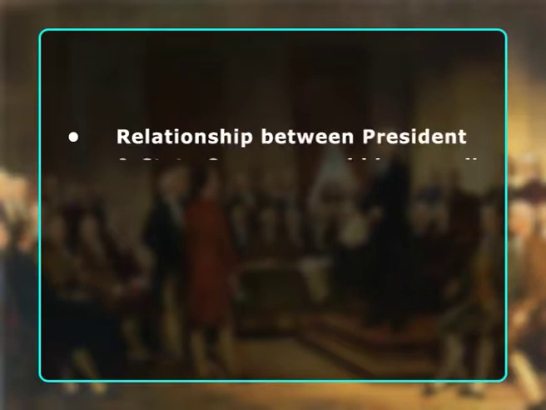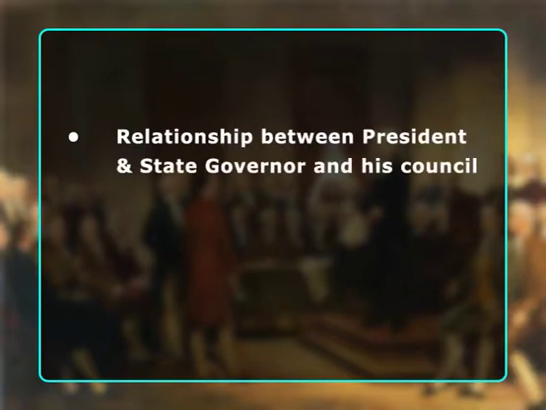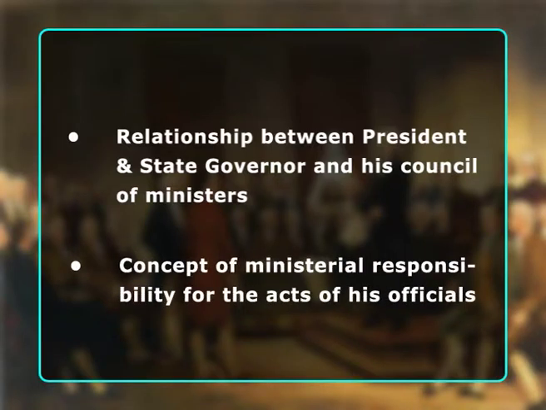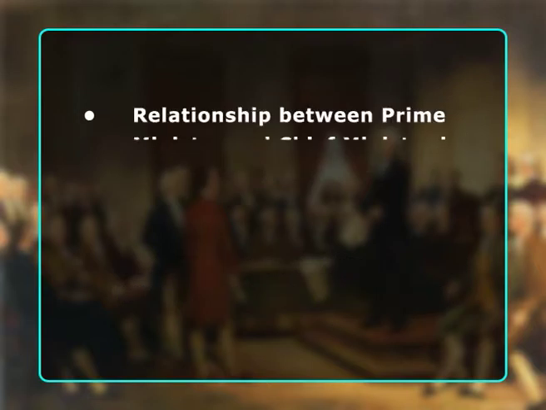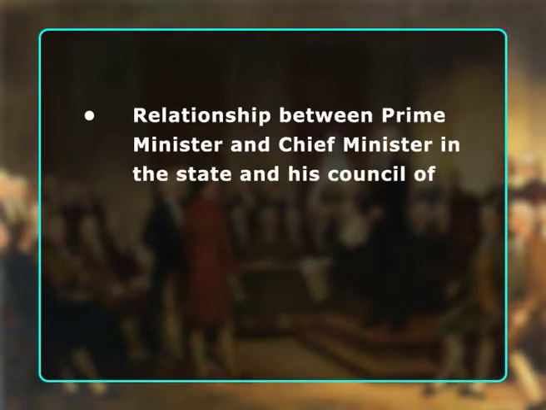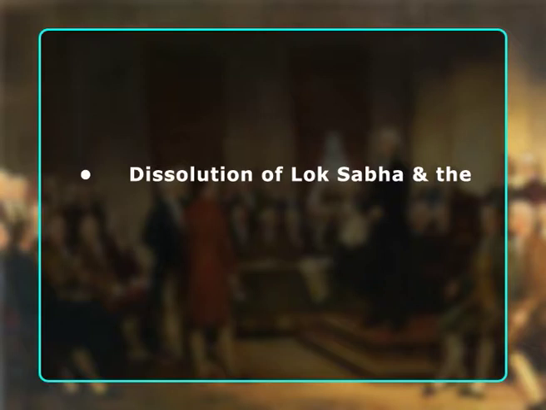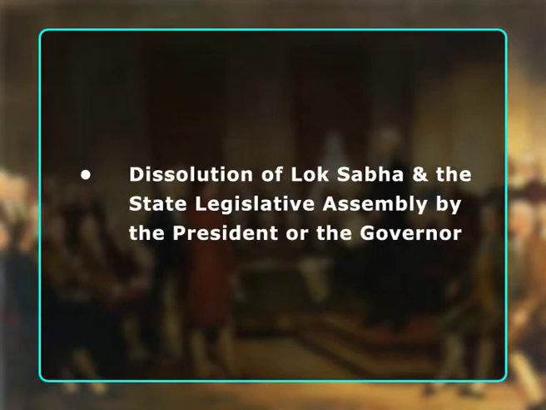Thus, the relationship between the President and the State Governor and his Council of Ministers, the concept of ministerial responsibility for the acts of his officials, the relationship between the Prime Minister and the Chief Minister in the state and his Council of Ministers, the appointment of the State Governor, and the dissolution of the Lok Sabha and the State Legislative Assembly by the President or the Governor respectively.